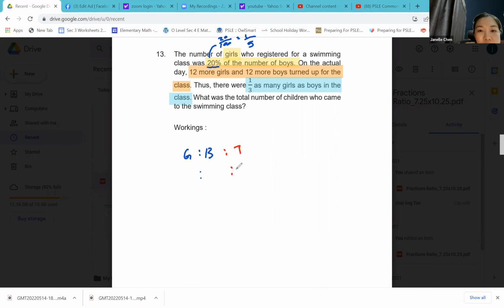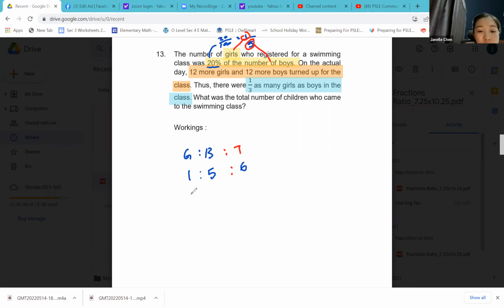When you have a fraction, please note the one on top is always for the person in front, and the one at the bottom is always for the person behind. In this case, the one in front is actually girl, and then boy is actually 5. If you want to find total, it's basically 6. So that's a common trap.